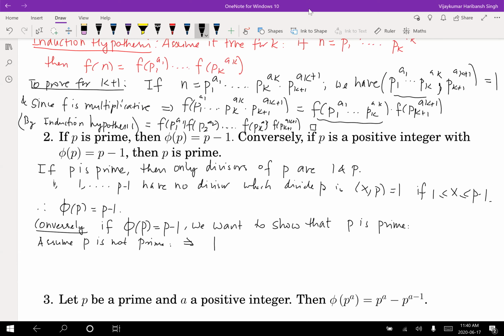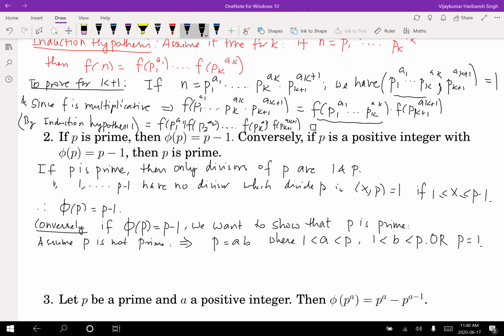This implies p equals ab, where a is greater than 1 and less than p, or p equals 1. If p is not prime, it means p is composite, right?